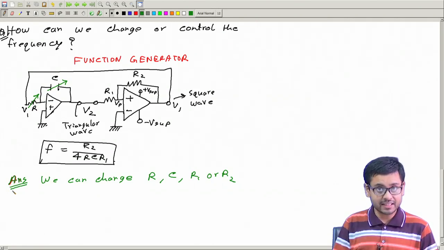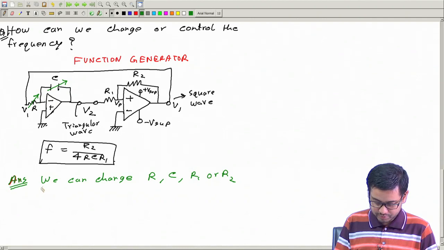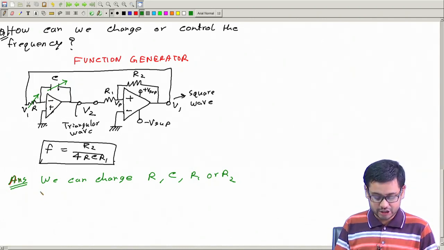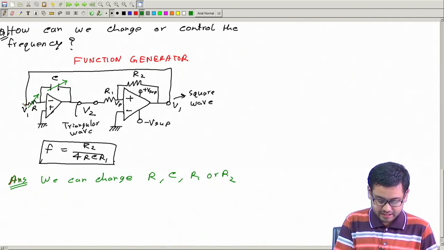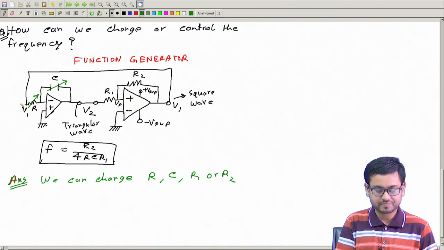But anyway, we can at least change these R, C, and there is another thing we can do. Another option, we can actually change the voltage supply here.